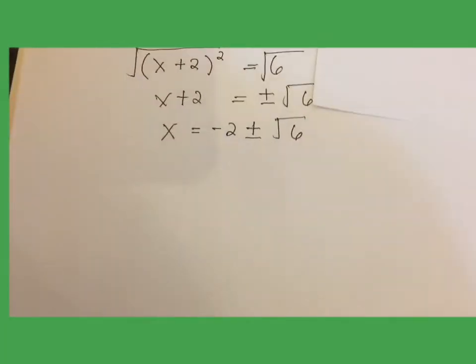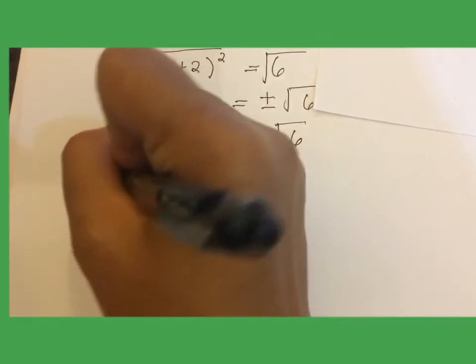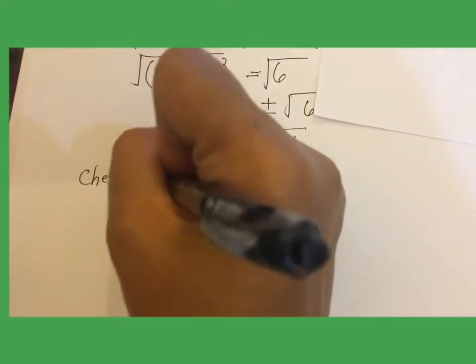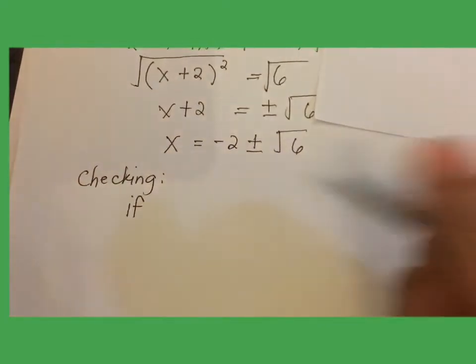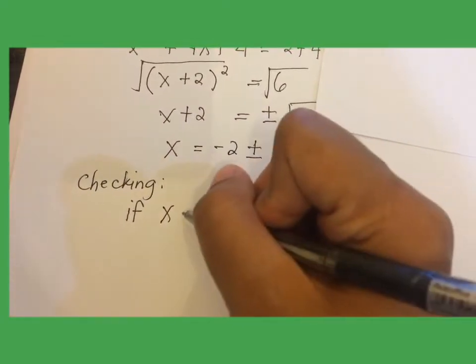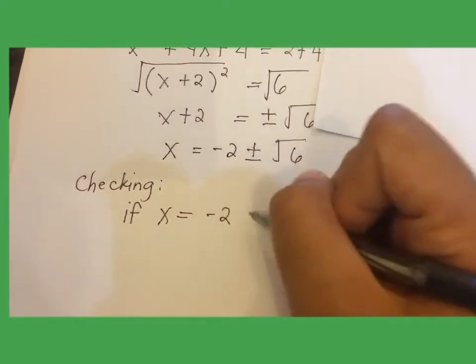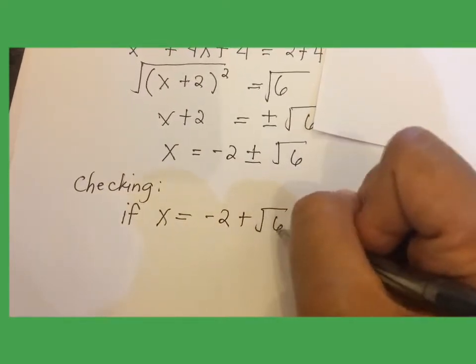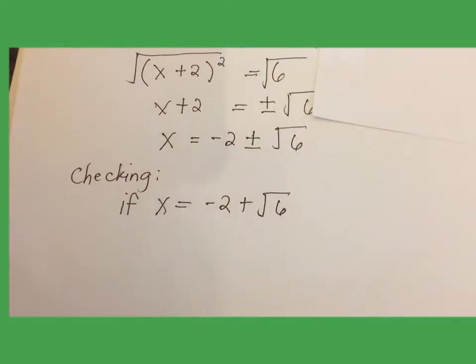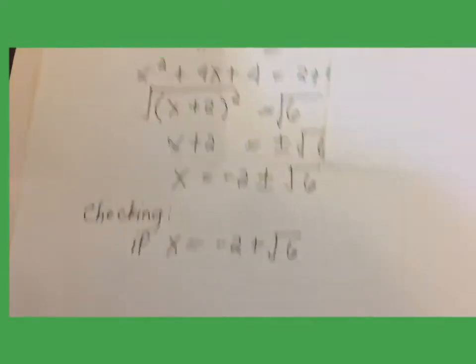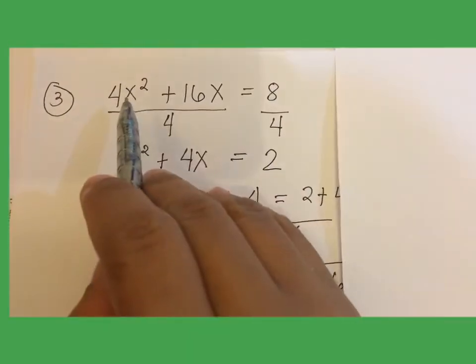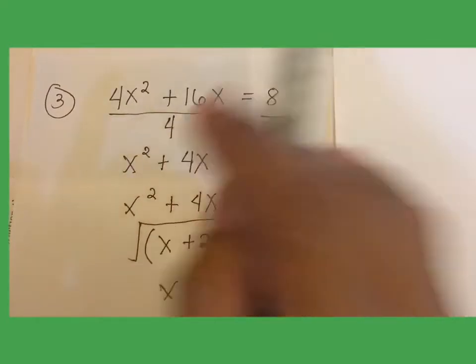So, let's do the checking. If x is equal to negative 2 plus square root of 6, will this value satisfy the given equation, which is 4x squared plus 16x equals 8?